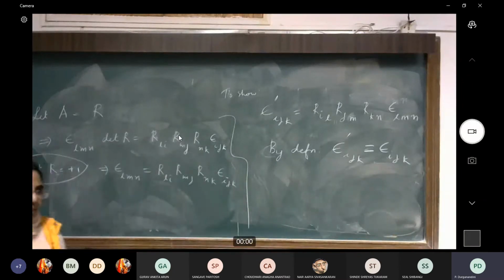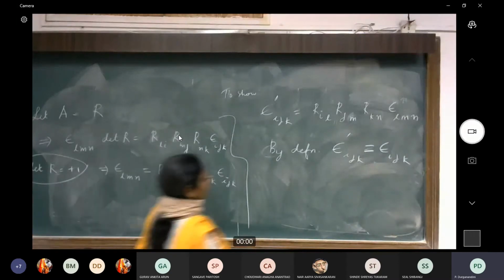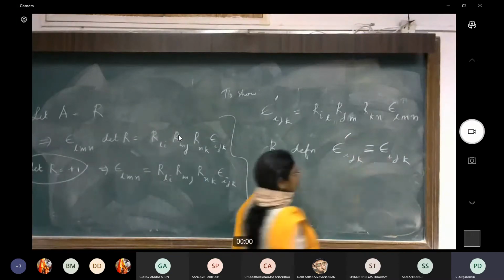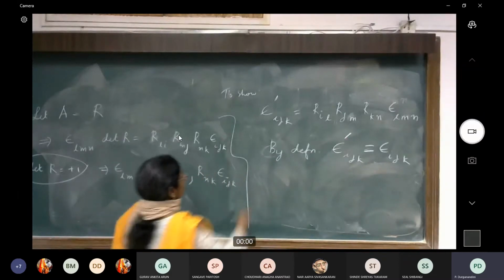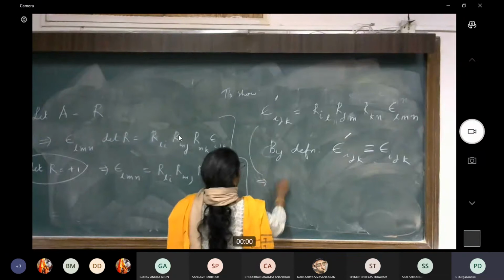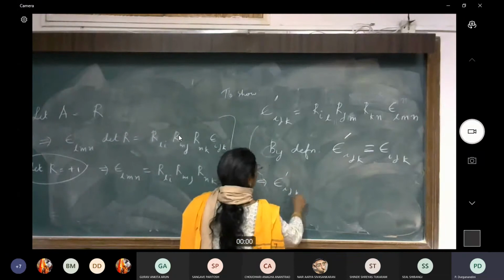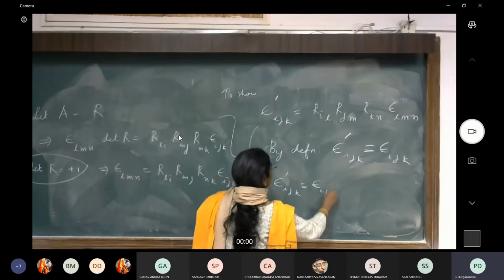So that doesn't depend on whether you've chosen the basis B or the basis B prime. So epsilon prime ijk is the same as this. Alright? That's by definition. So what you have is that epsilon prime ijk is equal to epsilon ijk.